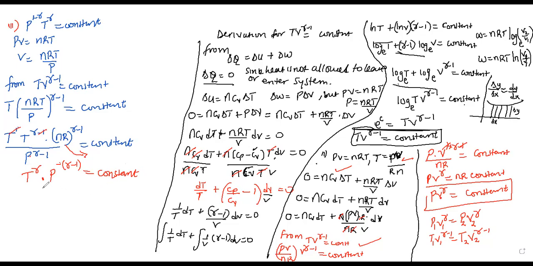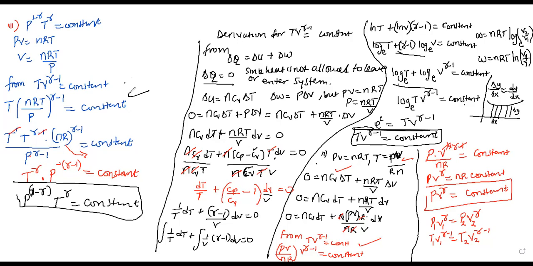Excuse me, teacher. Yes, please. Teacher, please repeat the second step, on this very last proof. Okay, on the second one, I'm substituting for V. You see V is here, right?